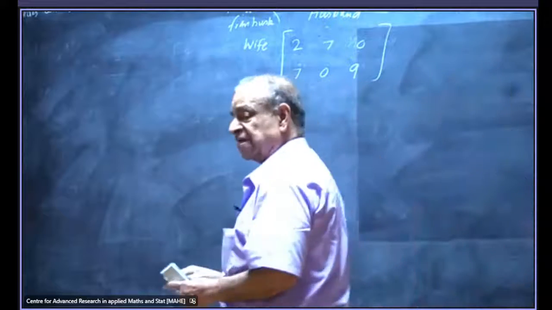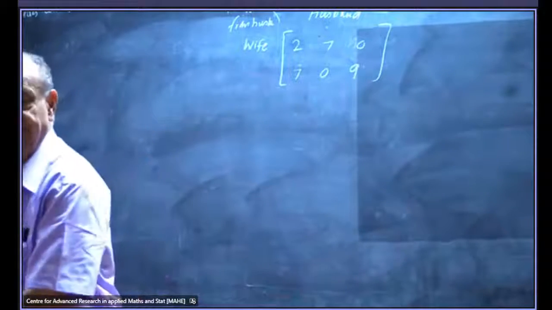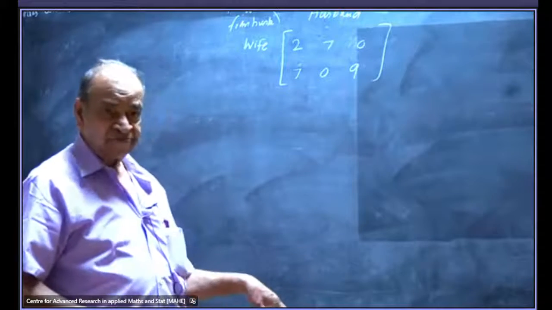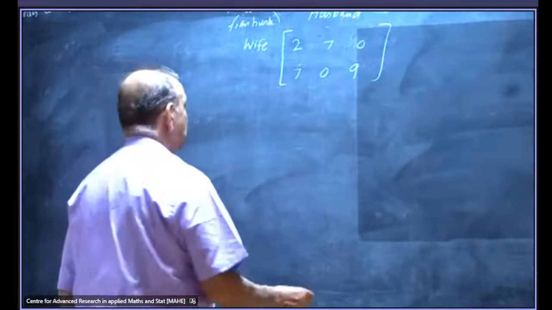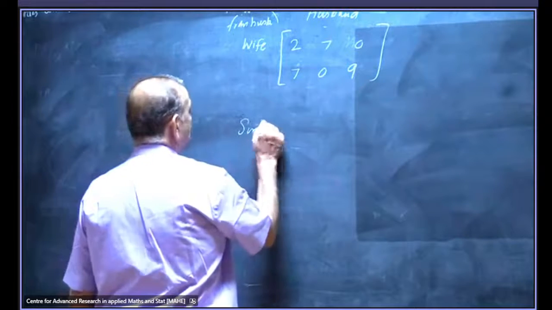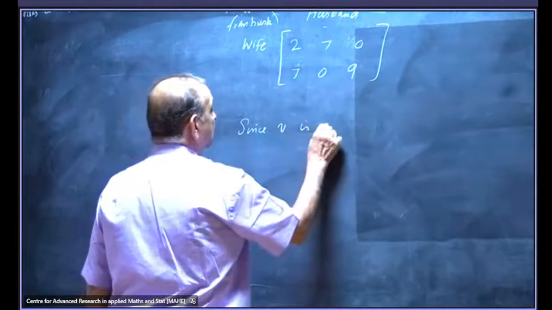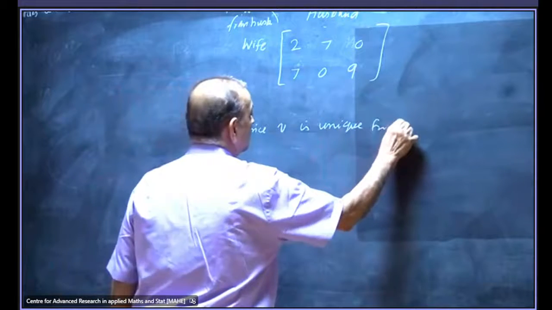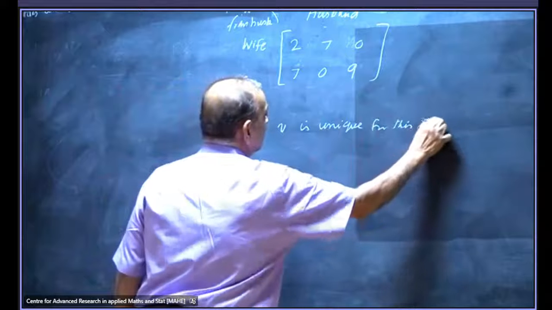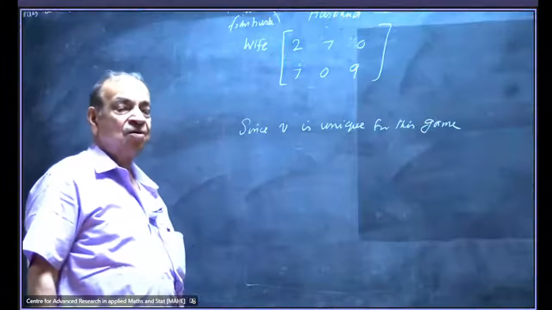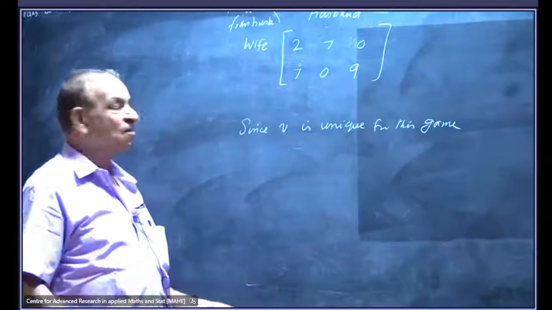How do you find the V for this game? Okay? So now I am going to brutally write down. First thing is, since V is unique for this game, let's take a simple example.